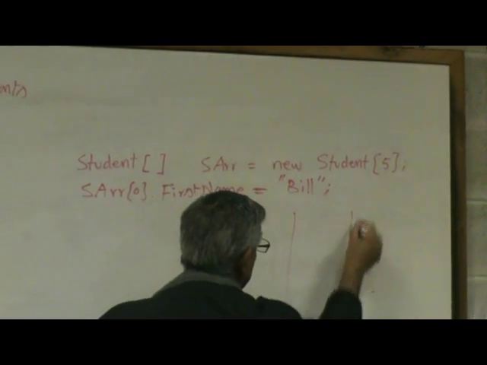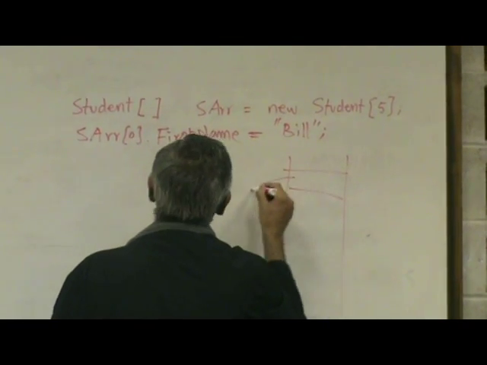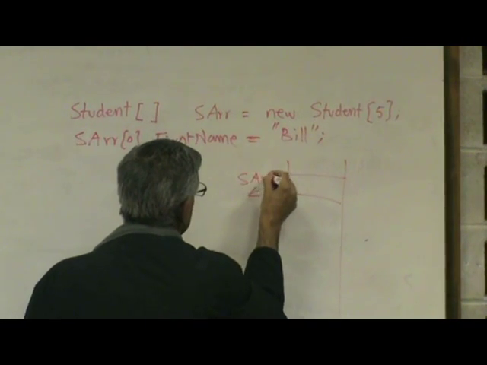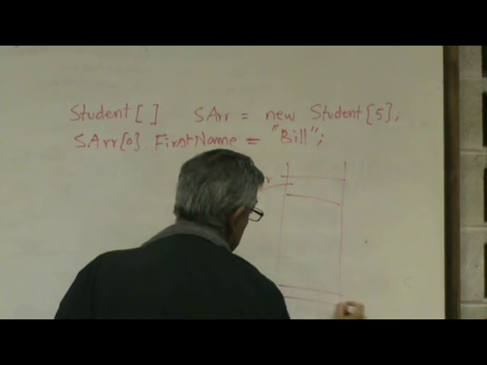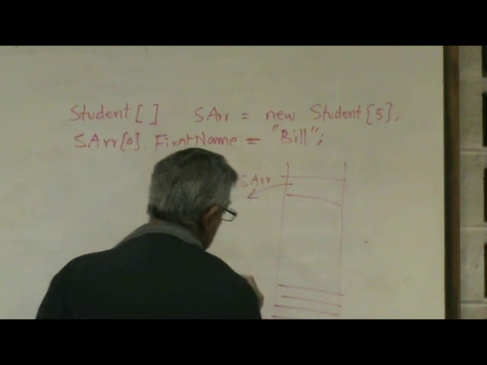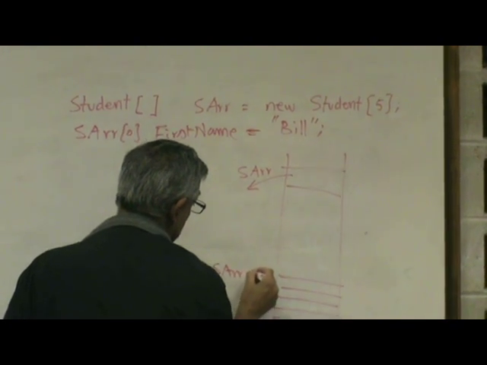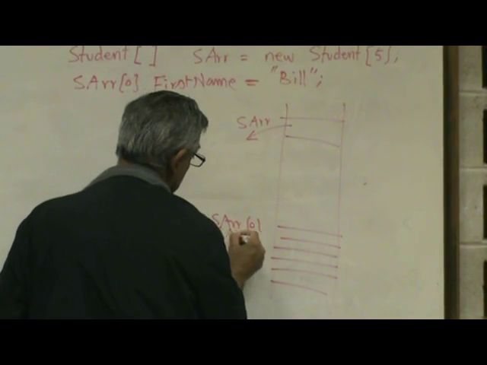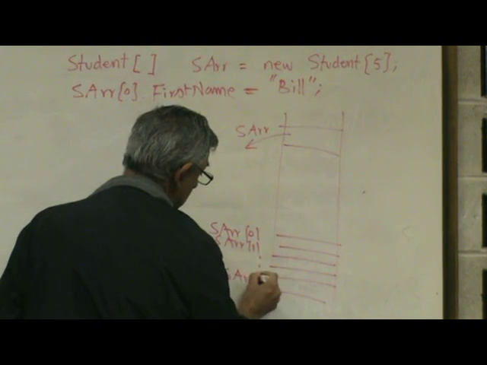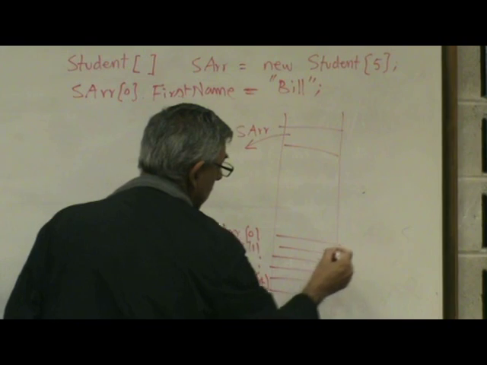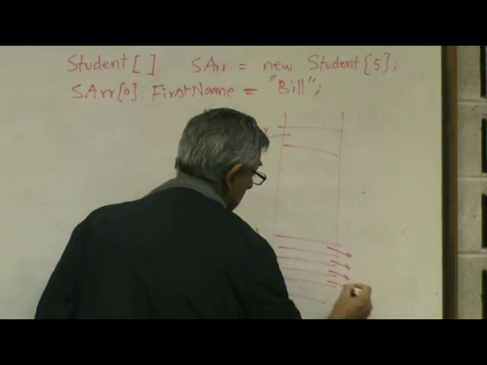The first line simply created an array called S array, right? So that's a reference. And then in the heap, we allocated S array of 0, S array of 1, and so on, S array of 4. However, these are pointing to nowhere.